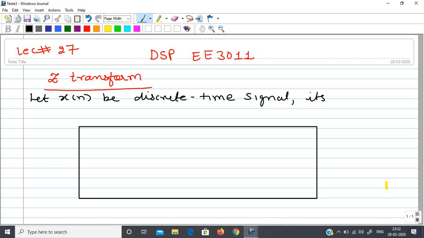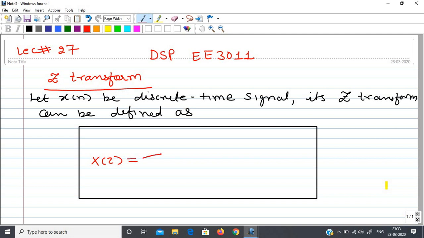Its Z transform can be defined as X of z equals the summation over n running from minus infinity to plus infinity of x of n z to the power minus n, where this variable z is a complex variable.